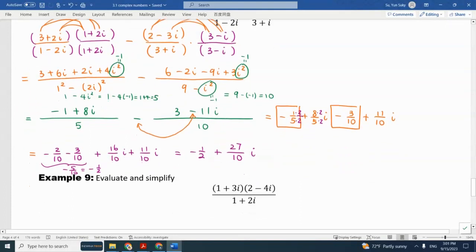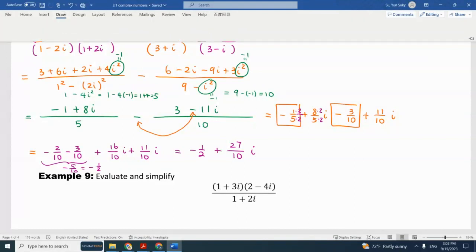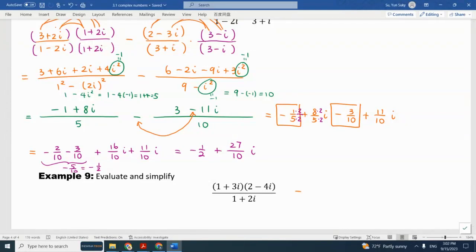All right. Example 9. Okay, example 9. We want to evaluate and simplify this. So what I would do is I would do the operation on the numerator first. Okay, let's do that. So do the operation of the numerator. Okay, Maxwell.